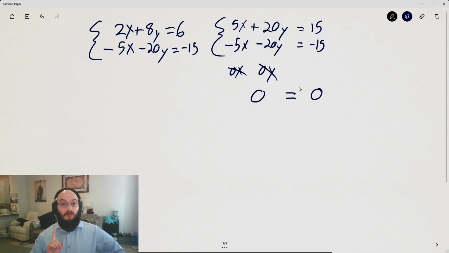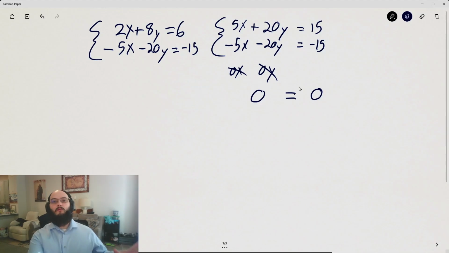This is the first of our two special cases. And in this case, there are infinite solutions. There is no value that we could plug in for x and no value we could plug in for y that makes 0 not equal to 0. So this has infinite solutions.